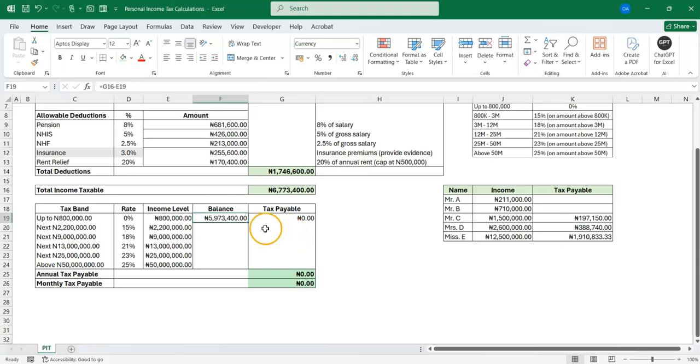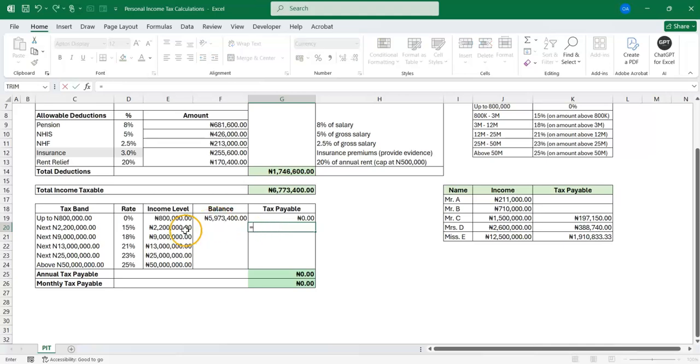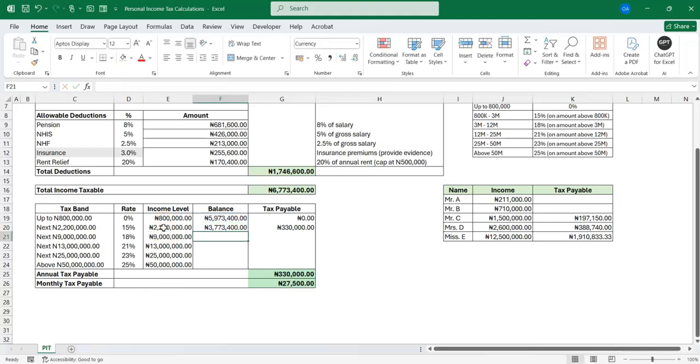We know that 5 million is greater than 2.2 million, so we charge that at 15%. We come here to say equals to this times this, and then we have that, and then we less that, say equals to this minus 2.2 million, and then we have that.